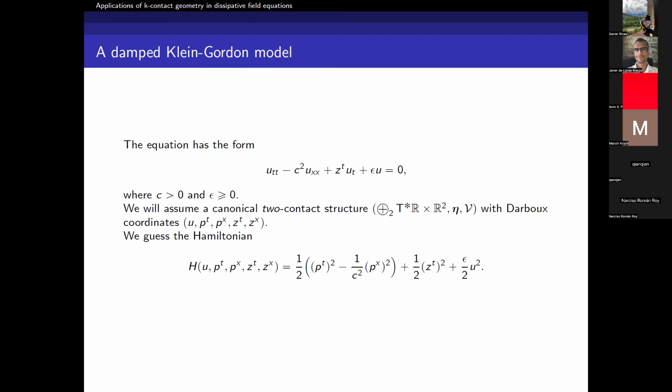It is something that normally doesn't happen for k-contact structures because they were thought rather for autonomous dissipative systems. Then Xavi and Narciso invented something more general than k-contact for dealing with this, but you can do it without it. And this is one of the nice things of the method. Oh, okay, you can go on.